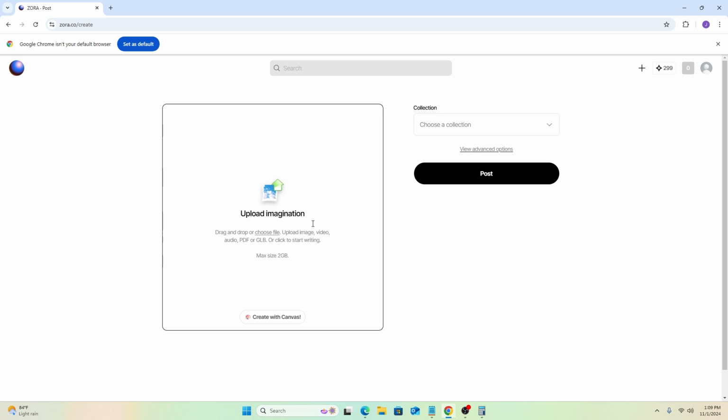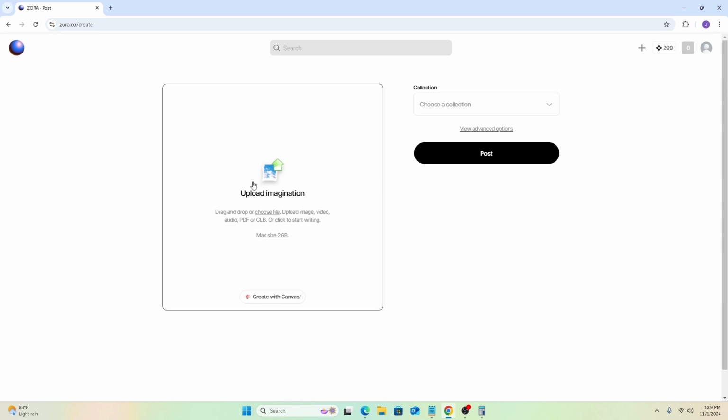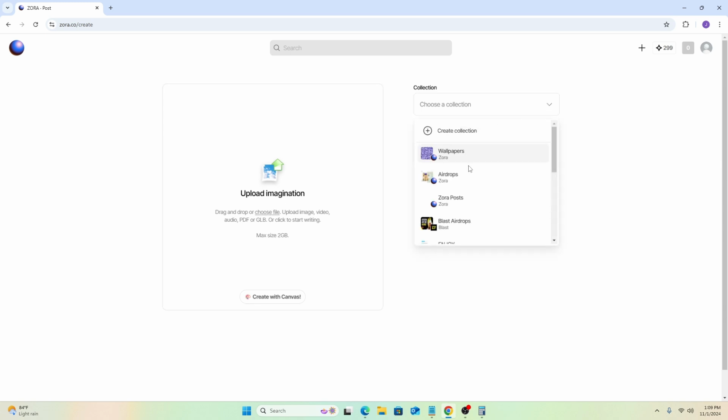Now, I'm social oriented. I post a lot of content, and I also look at Zora as an outlet to do so without too much fear of censorship, as is typical of Web 2 social media. So if you were to choose a file here, you see these collections, they are Zora related collections. I want my NFTs to be on Base as of now.